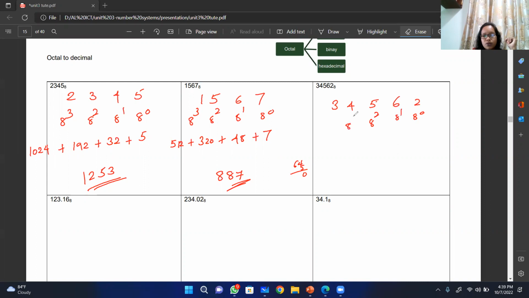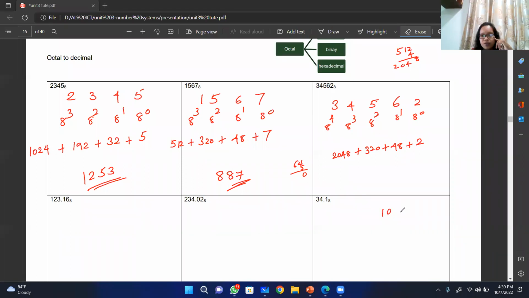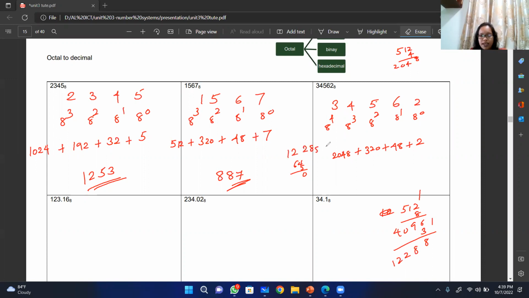Here 2 plus 48 plus 320 plus 512 into 4. Is that 2048? Yes, teacher. Right. Then 512 into 8 again. 4096 into 3. Yes, teacher. 12,288.